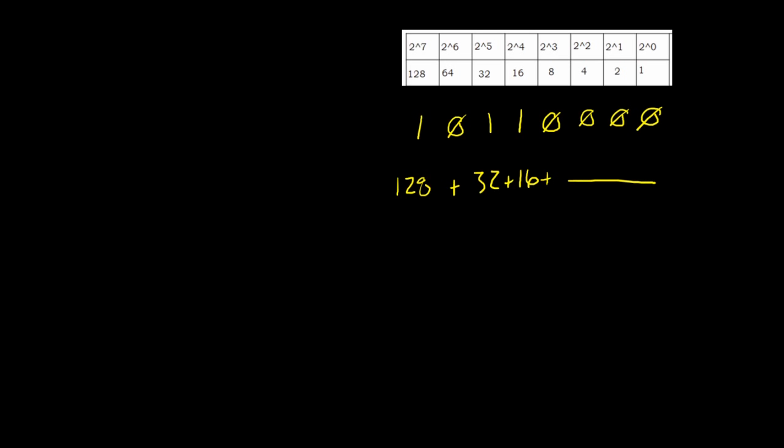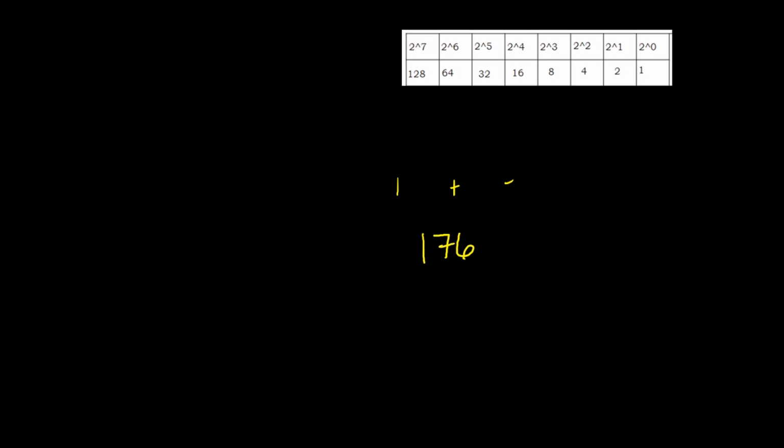So we just add 128 plus 32 plus 16, and we get the number 176. So let's flip that around. We have a decimal number 176, and we'll go ahead and erase all this just so you can see it done the other way. So 176 is our decimal number.